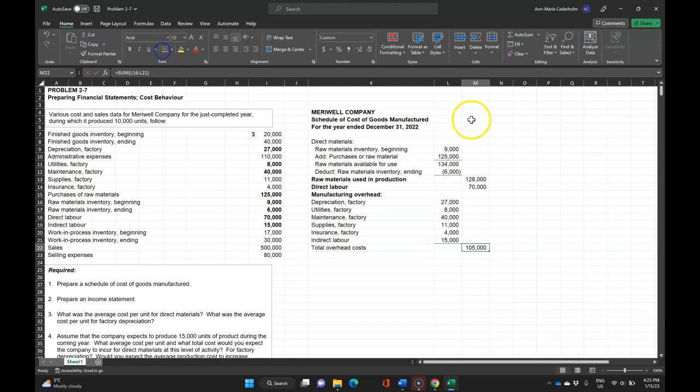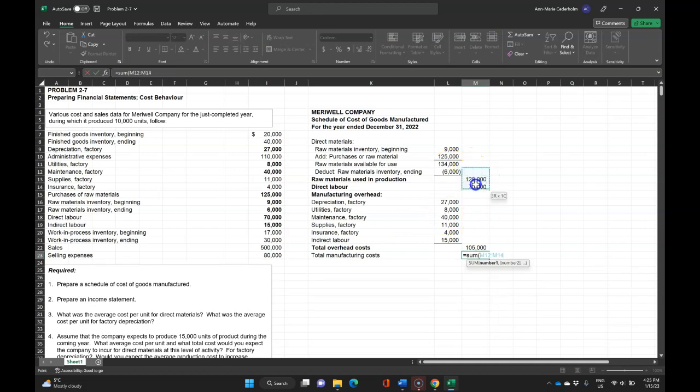Now, if I add my direct materials used plus my direct labor plus my total manufacturing overhead costs, that will give me my total manufacturing costs. And that's those three added together.